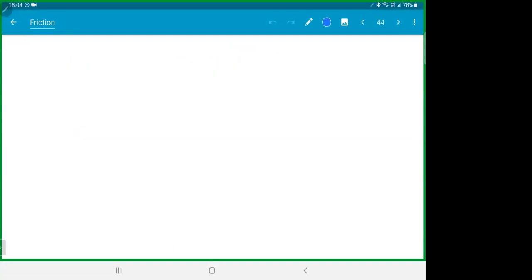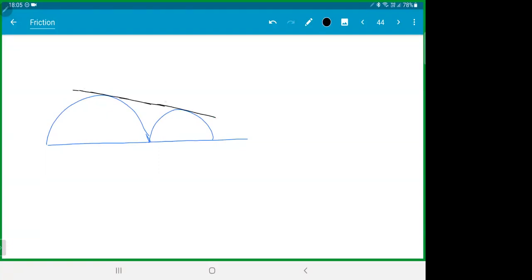Look at this thing. So if you draw this sphere, if you extend this line, this will be theta.